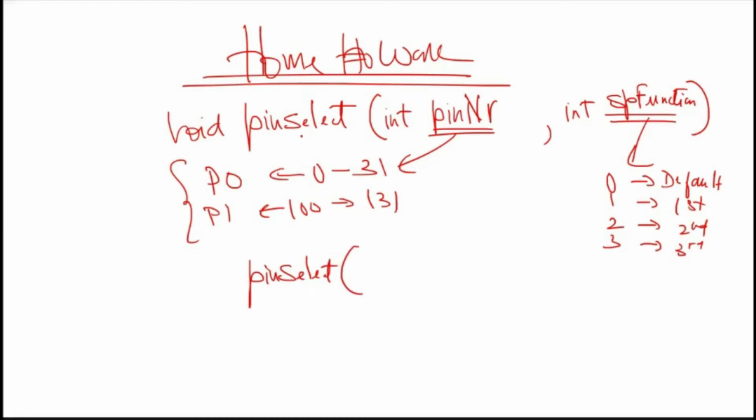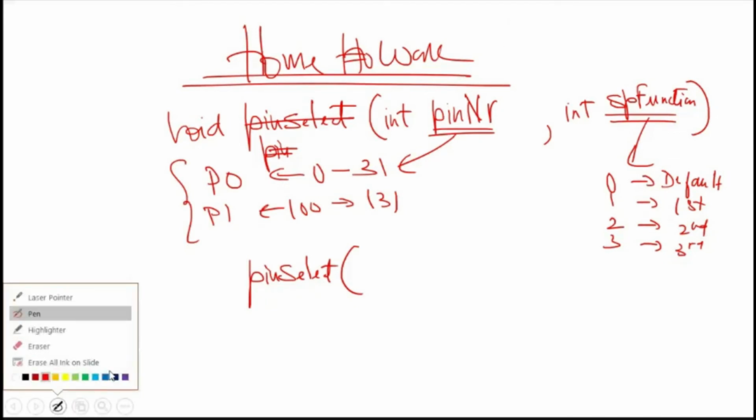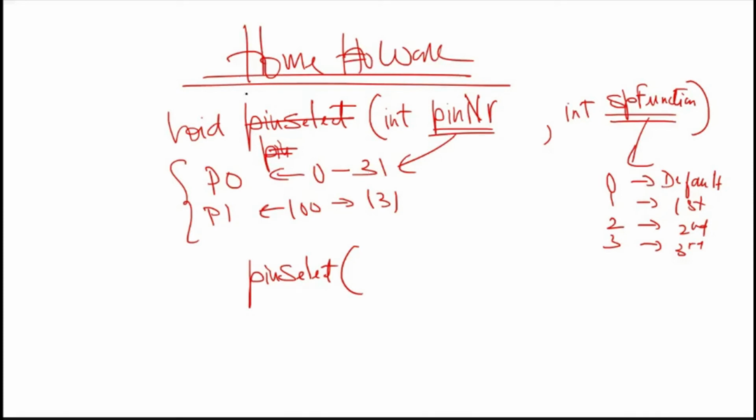Don't confuse this with the pin select name that we are already using. You can use a different name like pin function, or set pin function. So I call set pin function.